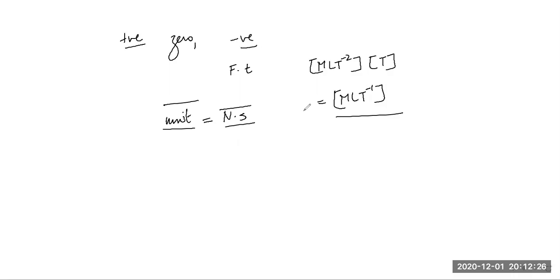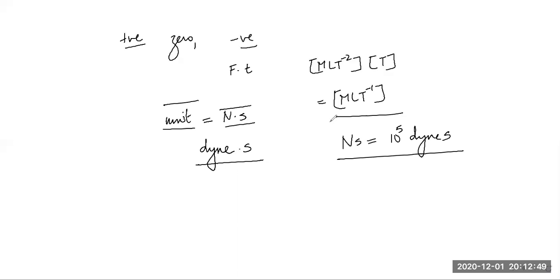Say that the unit is Newton second, or in the CGS system it will be Dyne second. All right, that's good. So 1 Newton second will be equal to how many Dyne seconds? 1 Newton second would be equal to 10 raised to power 5 Dyne second, because second is second. 1 Newton is equal to this thing.